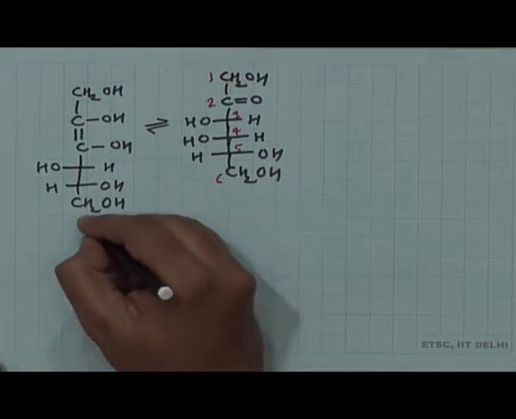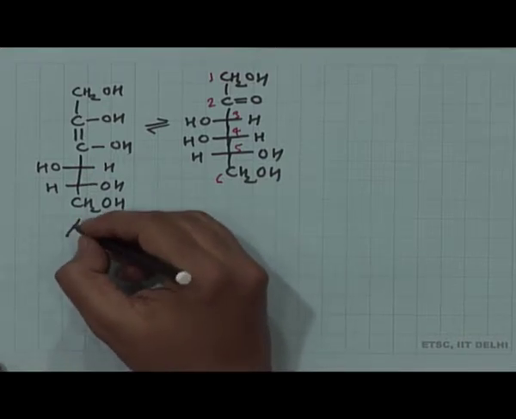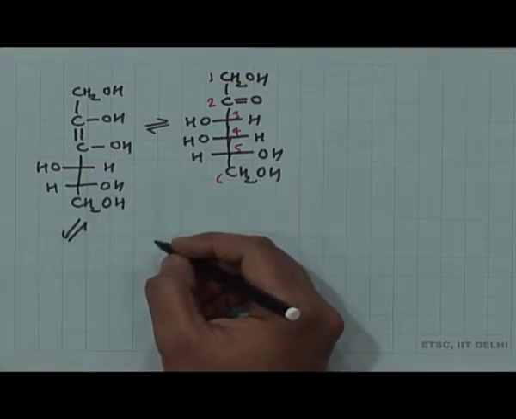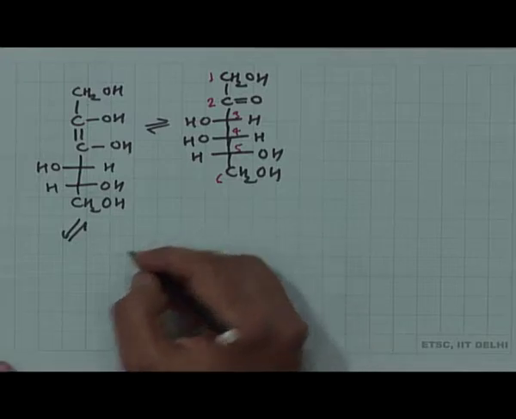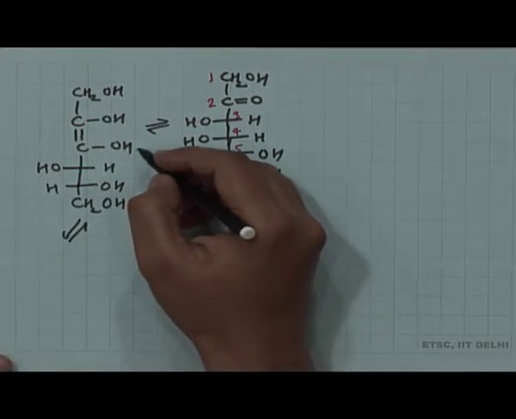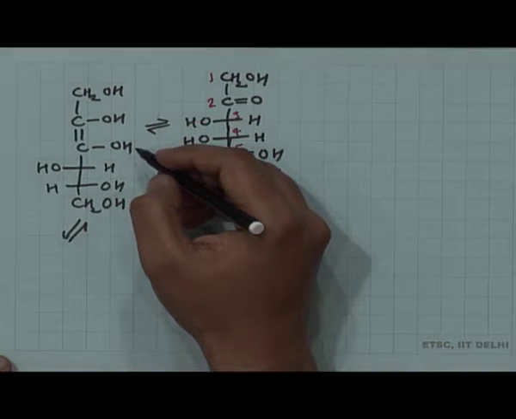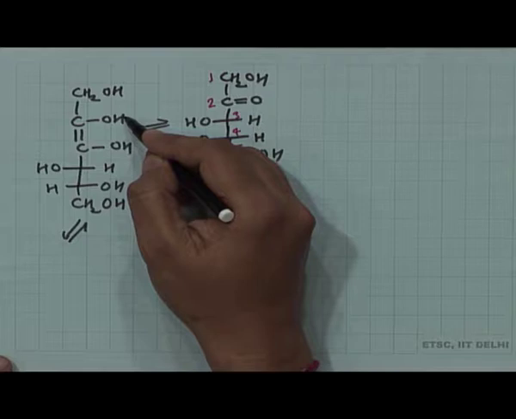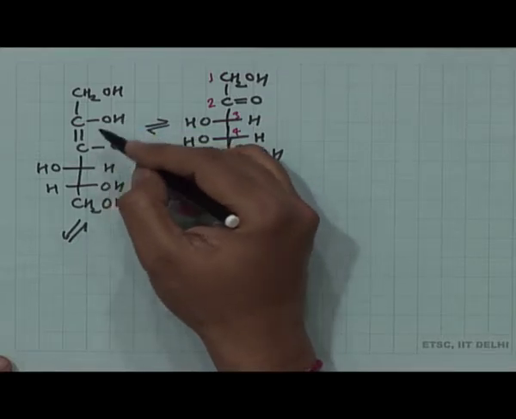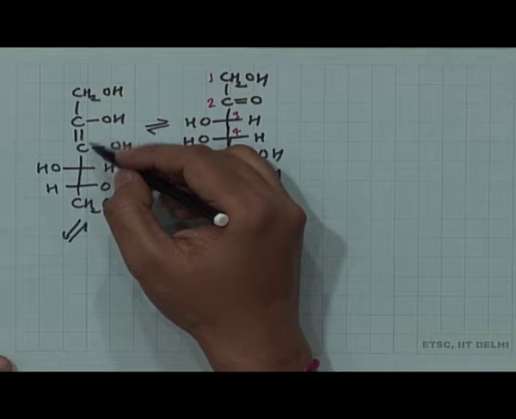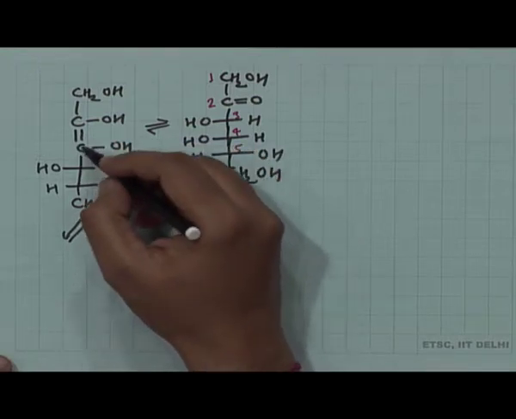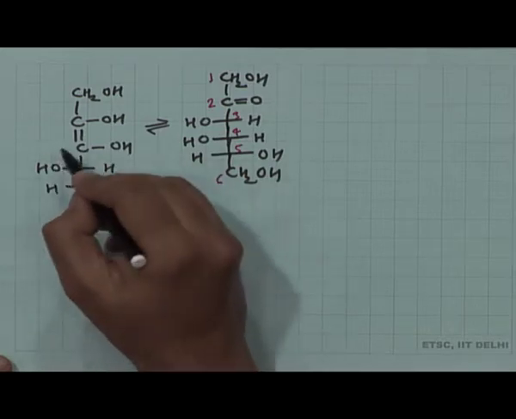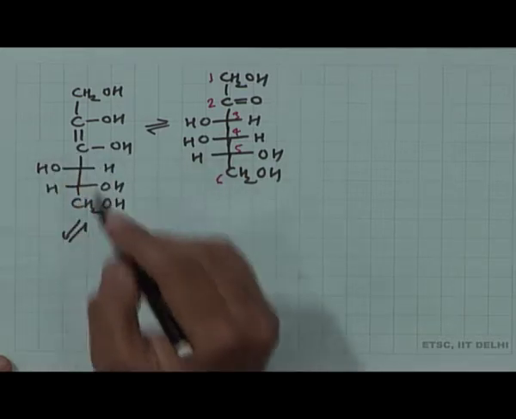Now, again if enediol rearrangement is taking place under basic condition, two possibilities exist. If abstraction of this proton is taking place, then it will get converted to hexoses where the protonation can take place from the top face or from the bottom face. So, two stereoisomers will get generated.